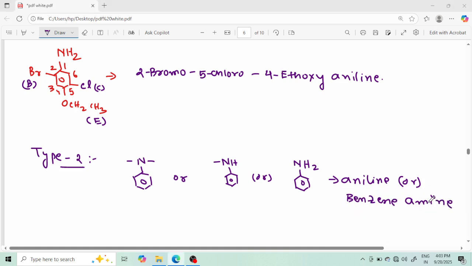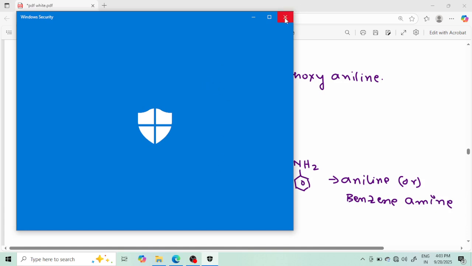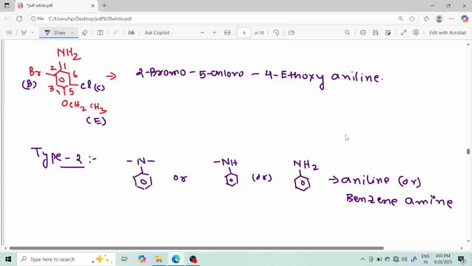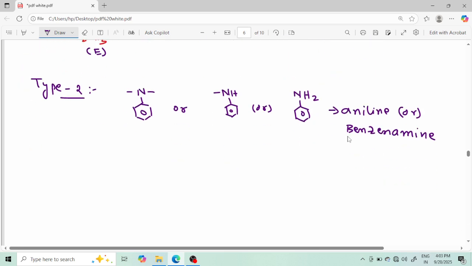Not benzene amine with an e, it will not be e, and you should write this together. But whatever the positions of alkyl groups present on nitrogen, we will just write N.